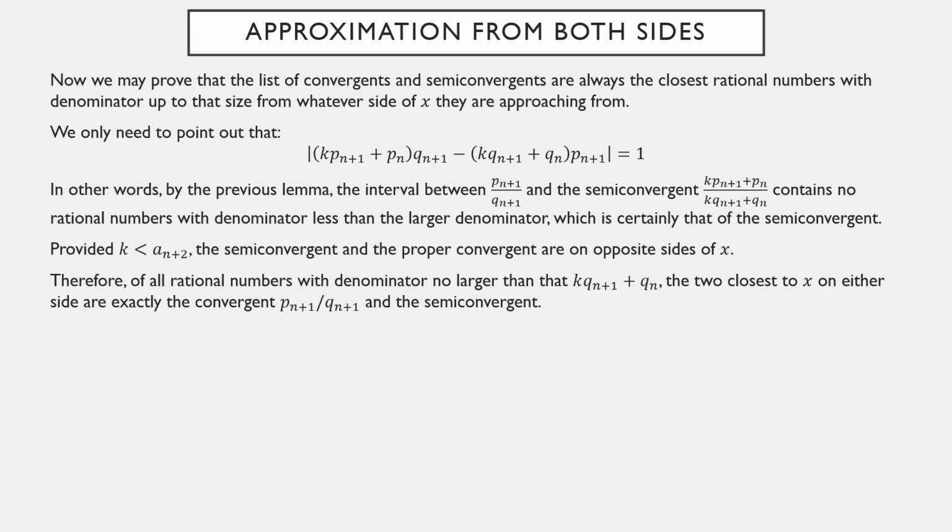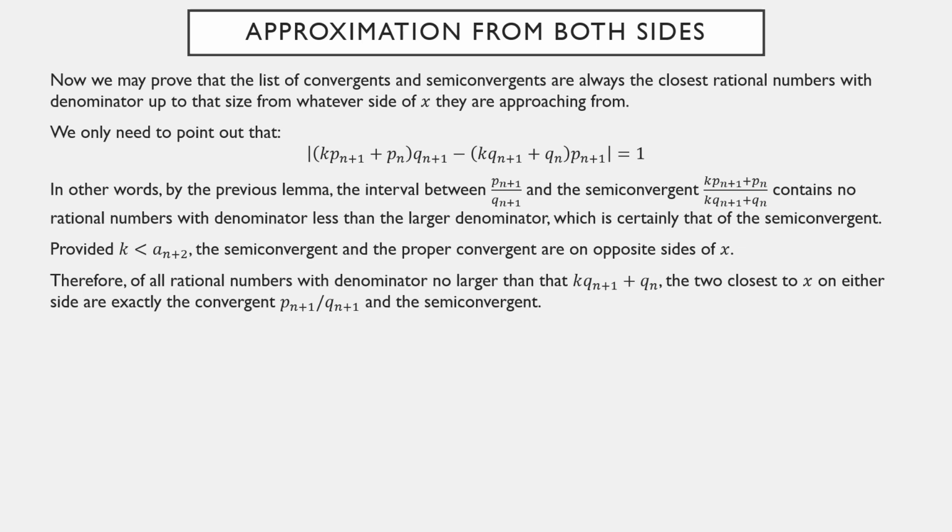So what two rational numbers with denominator up to and including k q_{n+1} + q_n are closest to x on either side? Exactly the left and right endpoint of that interval, p_{n+1} over q_{n+1}, and the semi-convergent (k p_{n+1} + p_n) over (k q_{n+1} + q_n).